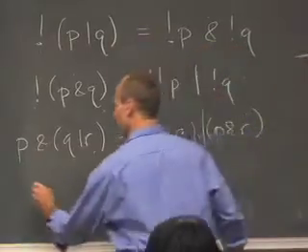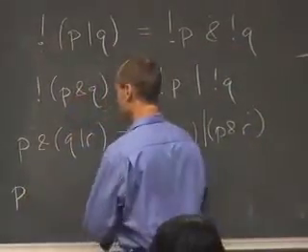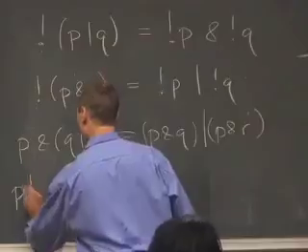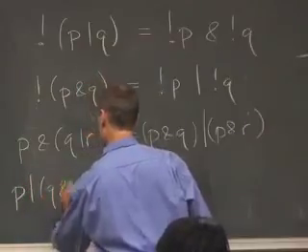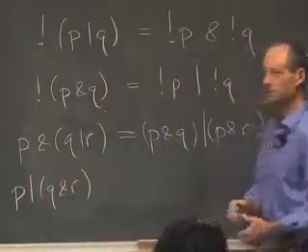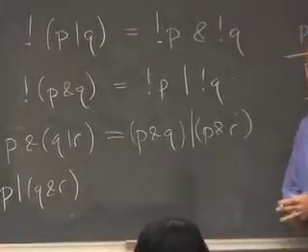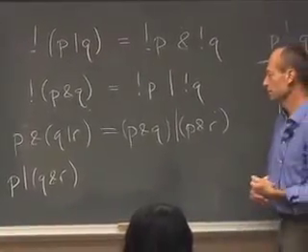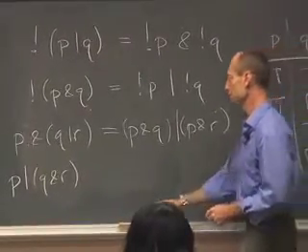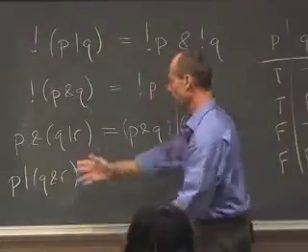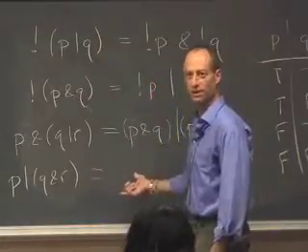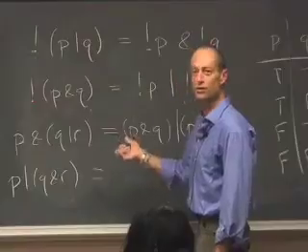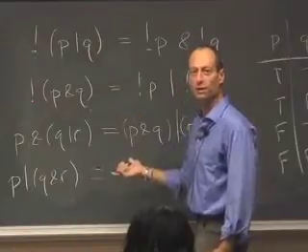Okay. What about P or Q and R? This is just like A union B intersect C. Right? And is like intersection, or is like union.